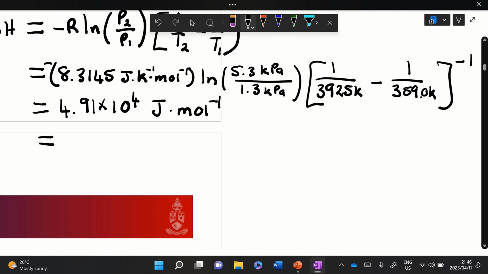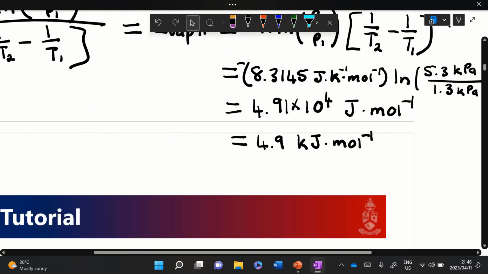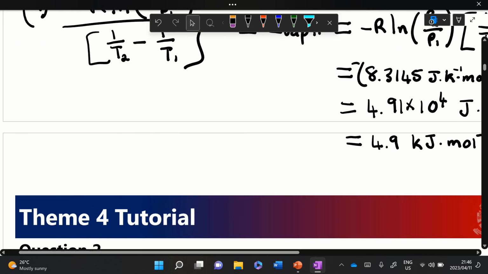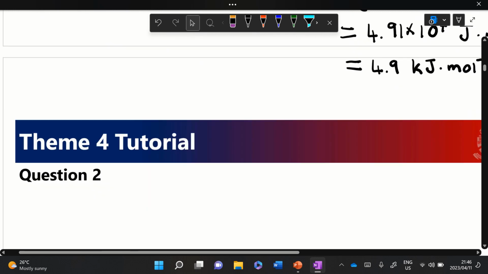Yes, two significant figures, so it's 4.9 kilojoule per mole. Okay, so that's our vaporization enthalpy.